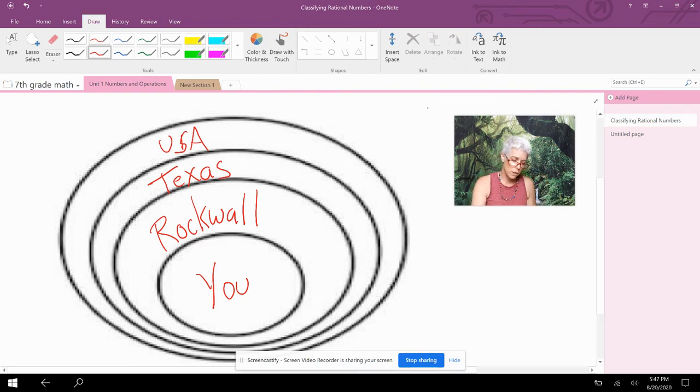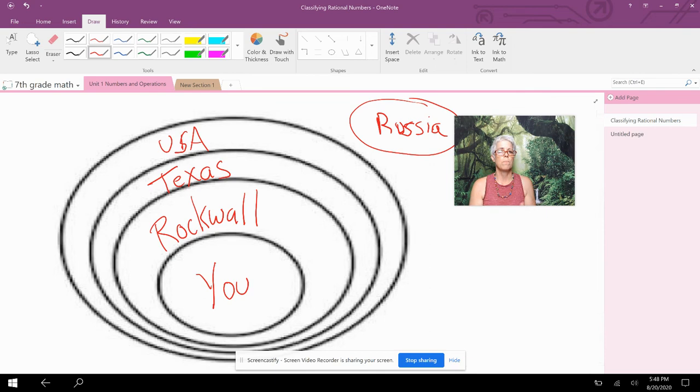If we had a circle outside of here, it would be something that is not included in that. We could say Russia's out here. It is not part of the USA. You're not in Russia, and Russia's not in the USA, so it's completely separate.